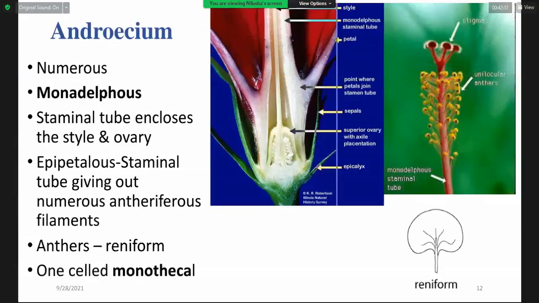I think you can understand this picture clearly. The staminal tube encloses the style and ovary parts. Is it clear to all? Can you hear me? Yes, ma'am.